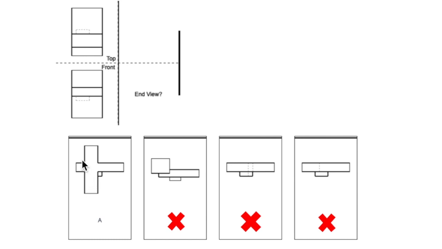And this extension out here is the same thing we see in the front view with these solid lines. And this tiny little extension here must be the rectangle we can see from the front view and the top view represented by these dashed lines. So A is the correct answer here.